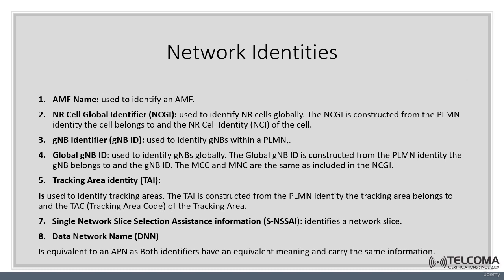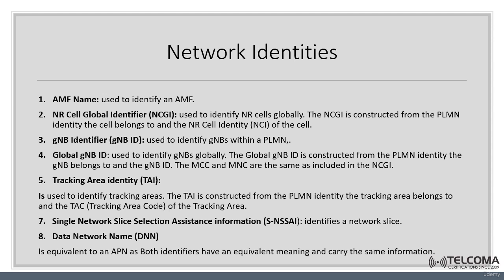The third network identifier we have is the gNB ID, which is the gNodeB identifier. And the gNodeB identifier is used to identify the gNodeBs within the PLMN. And the gNodeB ID is contained within the NCI, the new radio cell ID of the cell.